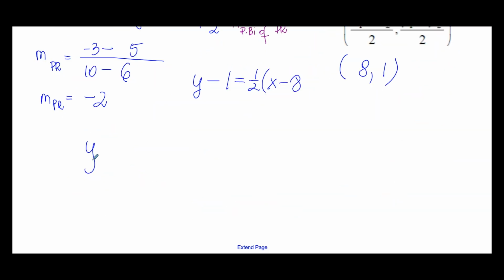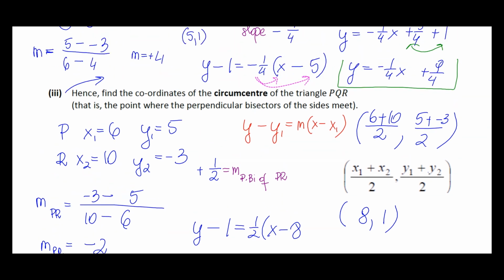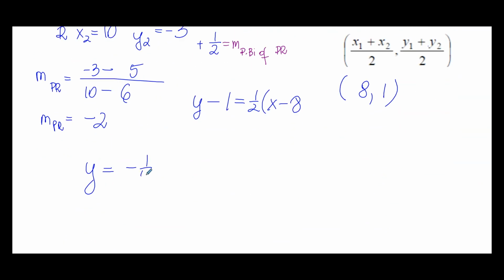Okay, let's just get two of our equations together. So my first equation was y equals minus 1 over 4x plus 9 over 4. And then the second equation, I'm just going to move that 1 to the other side and multiply my brackets. So a half x minus 4 and then plus 1.